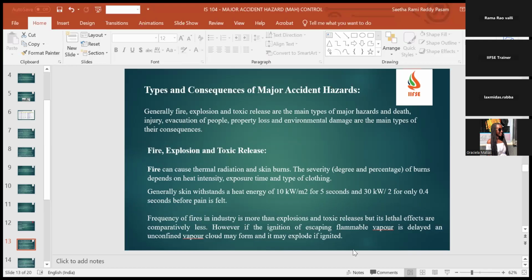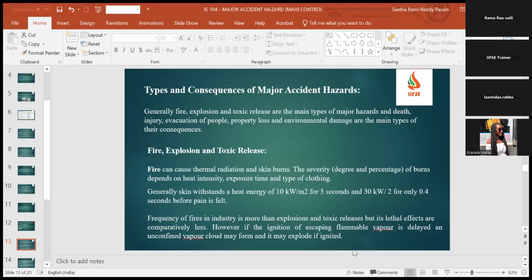The types of major accident hazards are fire hazard, explosion, and toxic release. The consequences: injuries, death, evacuation of people, loss of property, and environmental damage. These are the consequences. So when we say fire, explosion, or toxic release, these are the three major hazards.